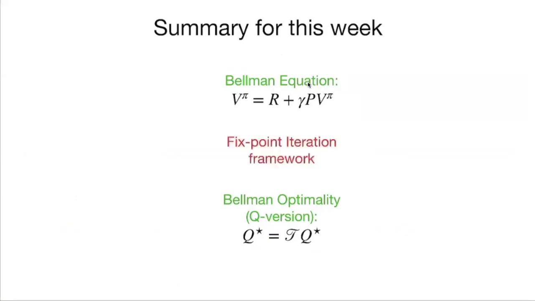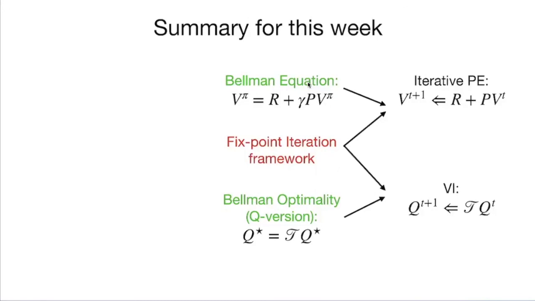And then we introduced this fixed point iteration framework, which is probably something that you saw in a numerical analysis class. Combining these properties and the algorithm framework, we arrive at two algorithms that look almost identical. We just repeatedly apply this fixed point equation on our previous estimator over and over again.